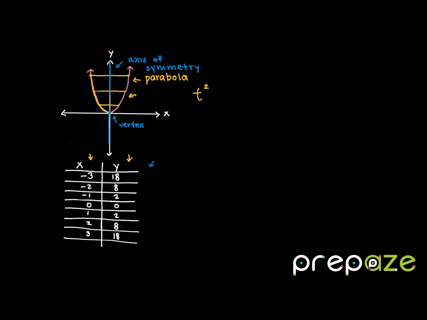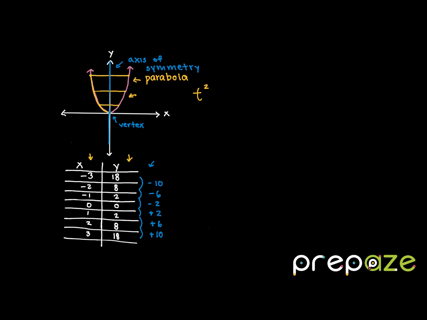First, we're going from 18 to 8. To go from 18 to 8, we have to do -10. Then to go from 8 to 2, we have to do minus 6. From 2 to 0, we have to do minus 2. From 0 to 2, we have to do plus 2. From 2 to 8, we have to do plus 6. And from 8 to 18, we have to do plus 10.